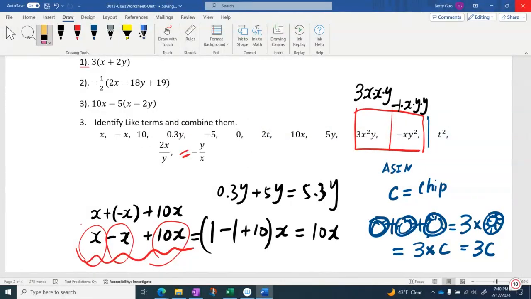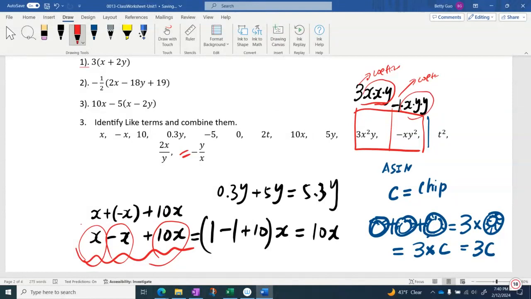This term has coefficient 3. 3 is the coefficient. x squared y is the variable part. And for the second term, -1 is the coefficient, and the variable part is x times y times y, xy squared.